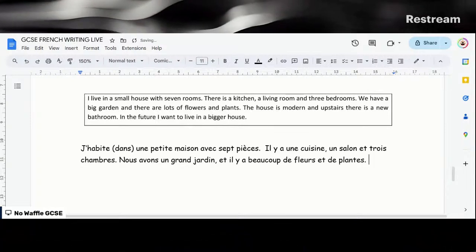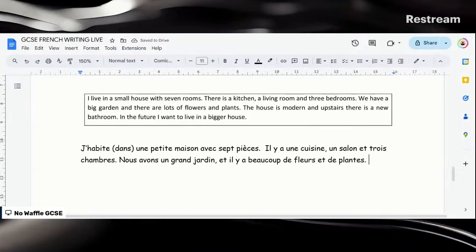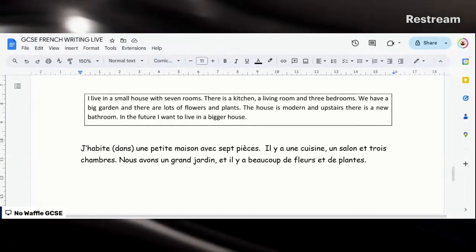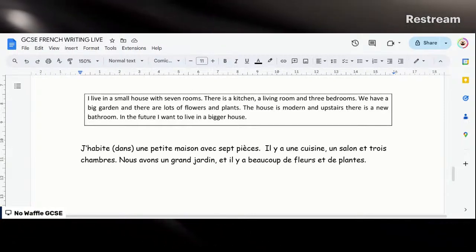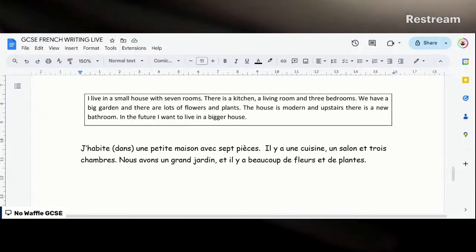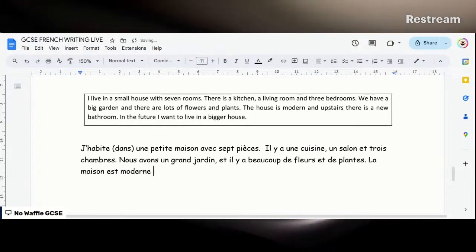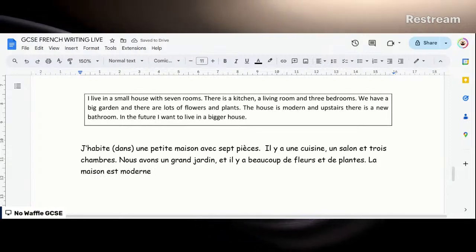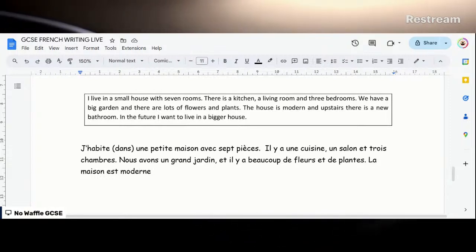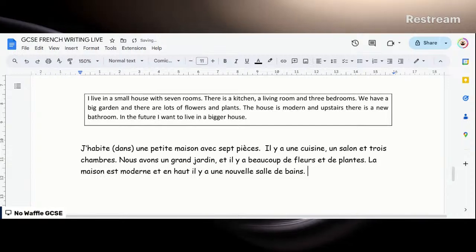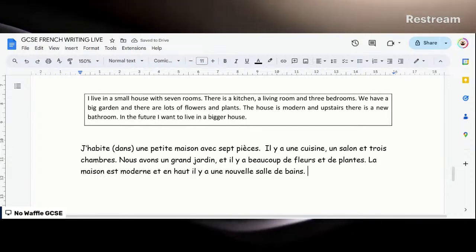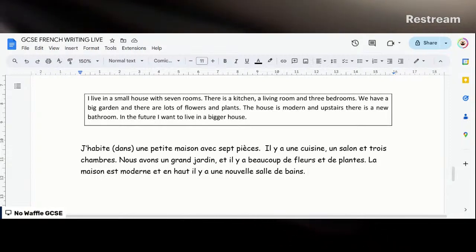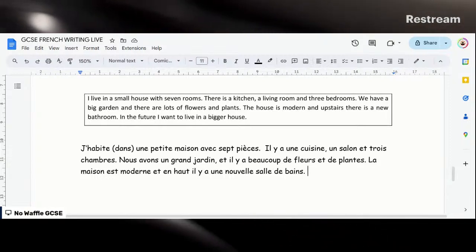The house is modern and upstairs there is a new bathroom. So the house is modern: la maison est moderne. And upstairs there is a new bathroom: et en haut, H-A-U-T, il y a une nouvelle salle de bain. In the future, I want to live in a bigger house.